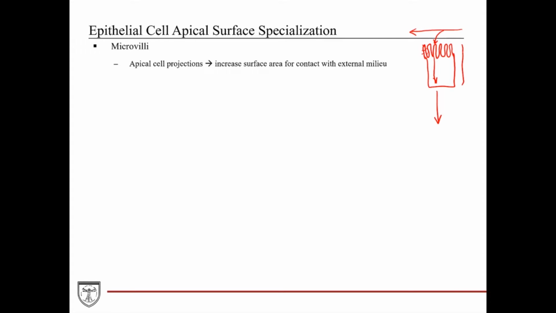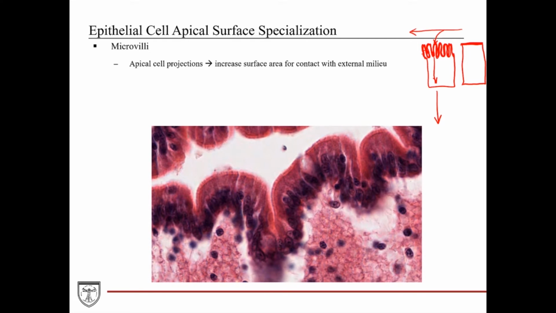And comparing a similar cell of the same size, the surface area without microvilli is much smaller than the surface area that is undulating along the microvilli. Histologically, the microvilli collectively look like this lovely, fuzzy, uniform structure on top of the epithelial cells.